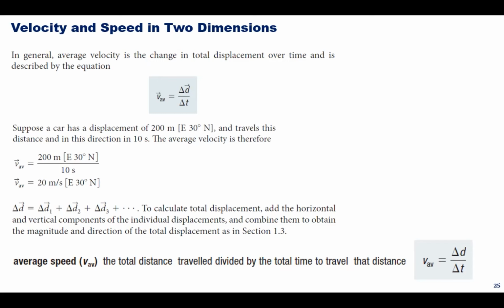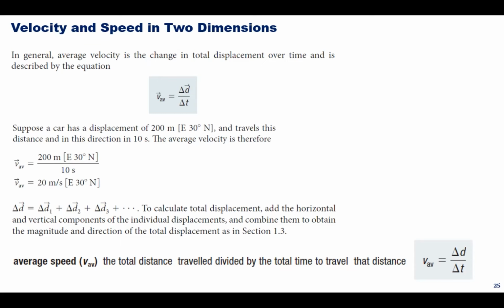So suppose a car has a displacement of 200 meters, which is shown here. The direction is 30 degrees north of east. Again, although this method is acceptable, it is recommended to use the quadrant bearing. For example, 30 degrees north of east can be written as 60 degrees east of north, right?